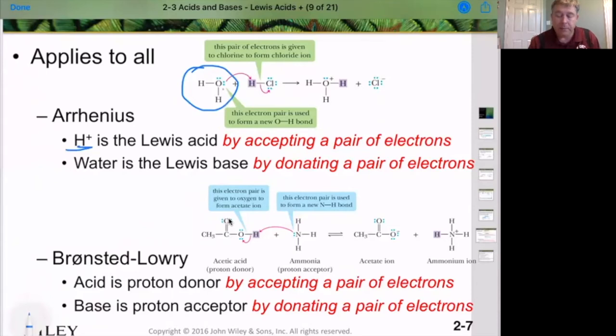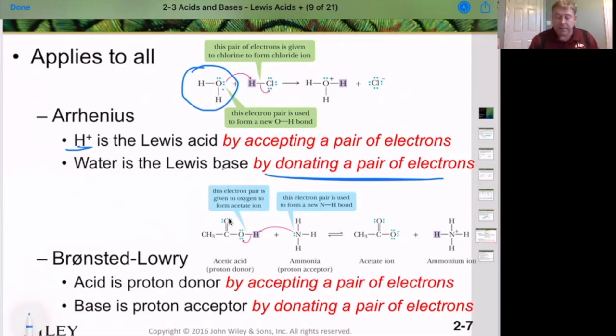It has the lone pair to donate. The Lewis base is donating that pair of electrons. So in the case of Arrhenius, the hydrogen is still a Lewis acid and the water is still a Lewis base. Okay, we're just thinking about it in a different, more broad sense.